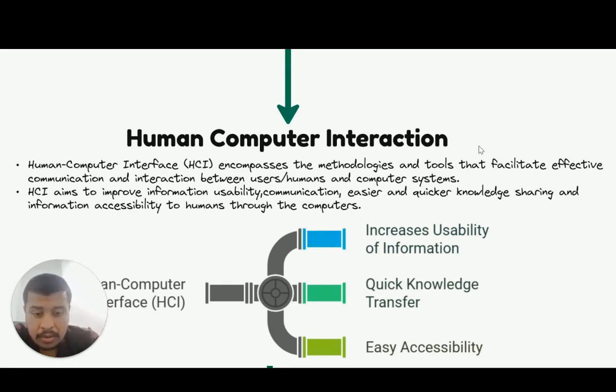And then by indirectly contributing to quick knowledge transfer, it is increasing the usability of the information. So whatever knowledge is accumulated or transferred via this medium or this tool can be used by any human on the planet, and it can even develop on top of it.